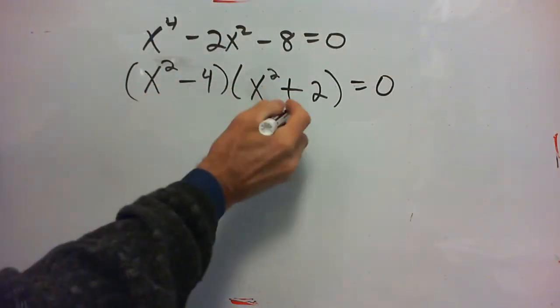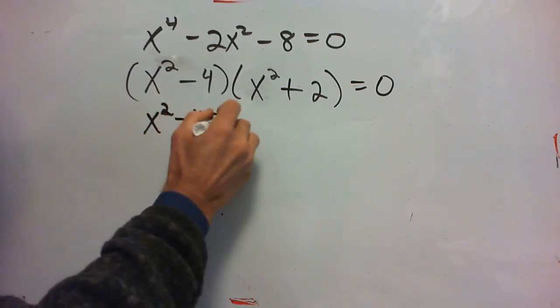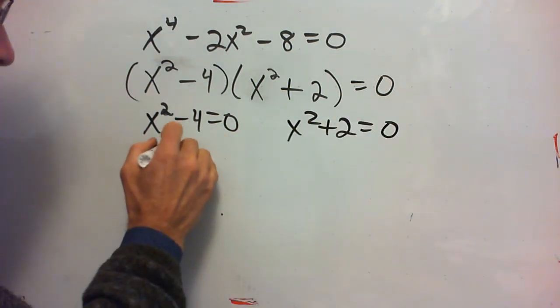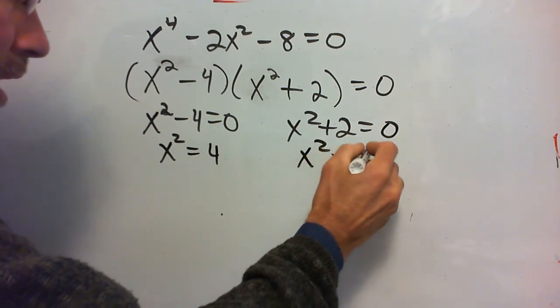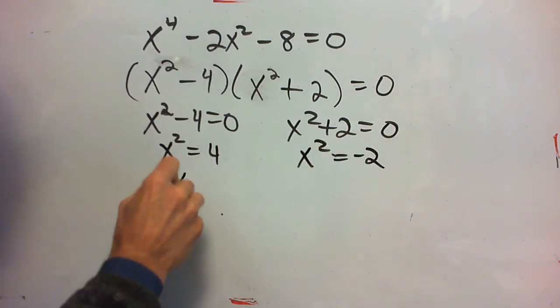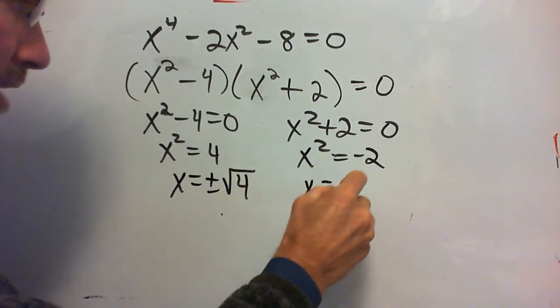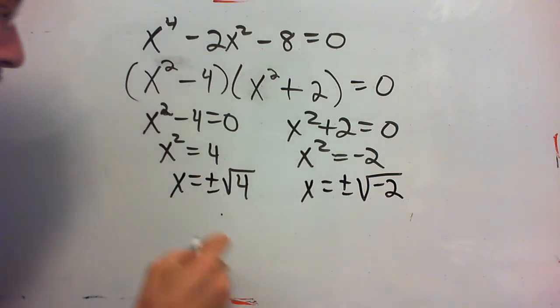And then let each factor equal 0. X squared minus 4 is 0. X squared plus 2 equals 0. We get x squared equal 4, x squared equal -2. Extract square roots. X equal plus or minus the square root of 4, x equal plus or minus the square root of -2.